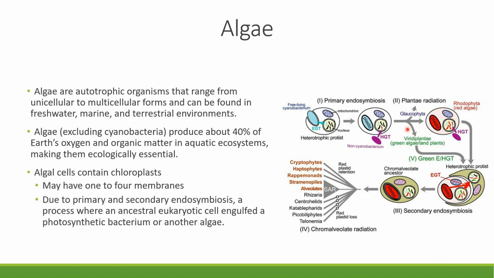And then we further had the green algae and land plants. So green algae and land plants are very closely related here. But like I said, some of these chloroplasts have even more membranes than you would find in, say, a mitochondria. They might have up to 4 membranes that surround that organelle.